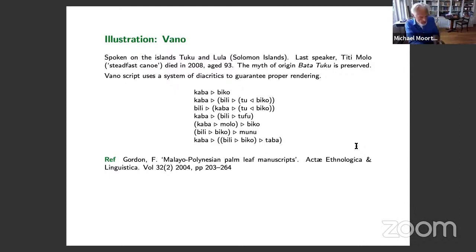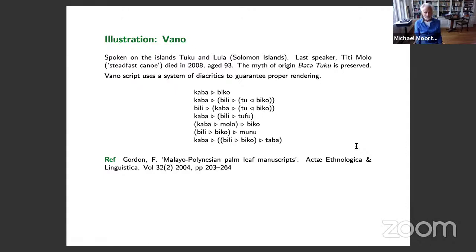The illustration is from a language which is unfortunately not being spoken anymore. Vano. This was spoken on 2 tiny islands of the Solomon Island group. The last speaker died in 2008. But fortunately, there is an epic, the myth of origin, the Batatuku, which is preserved on palm leaves.